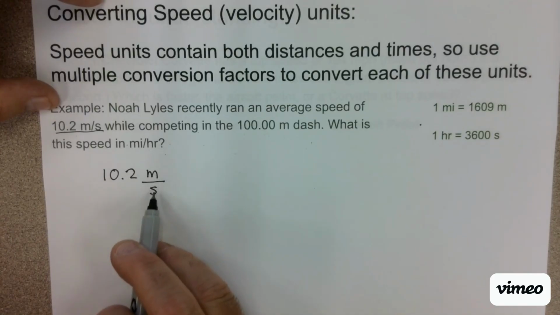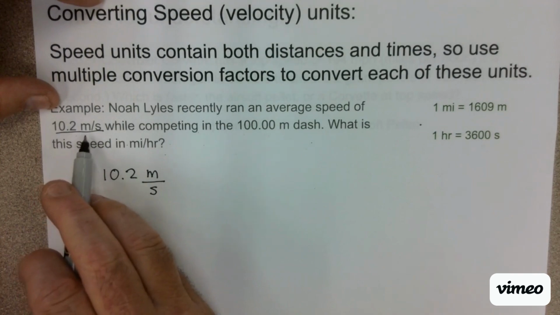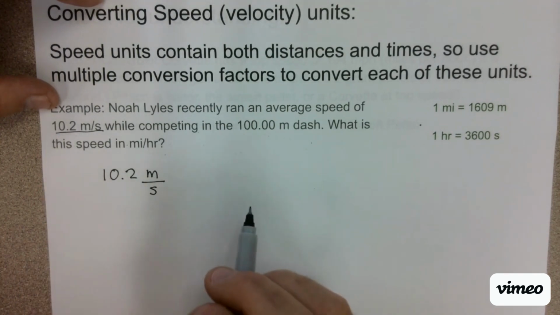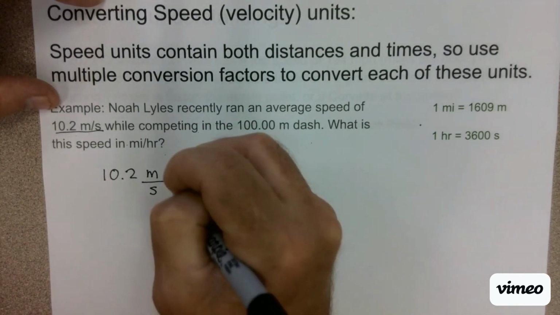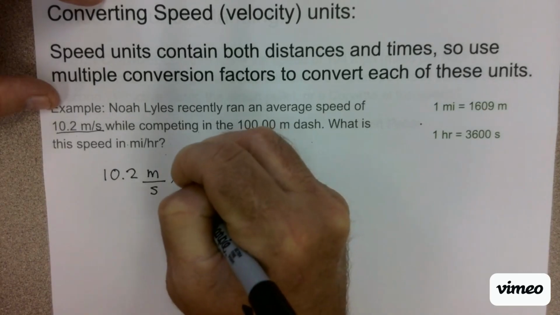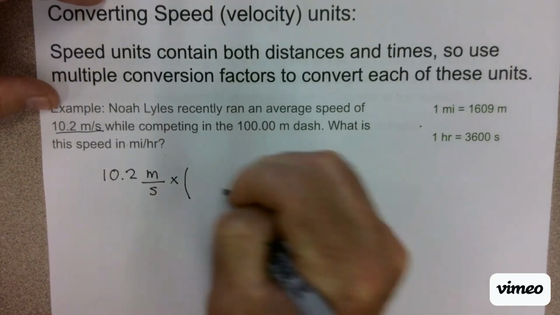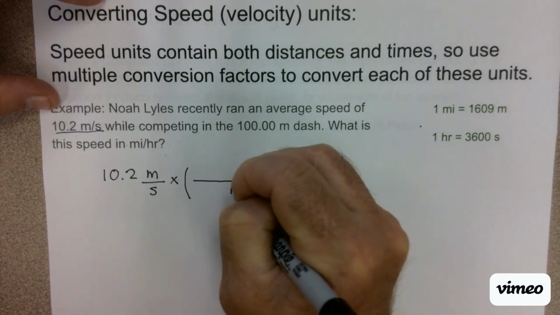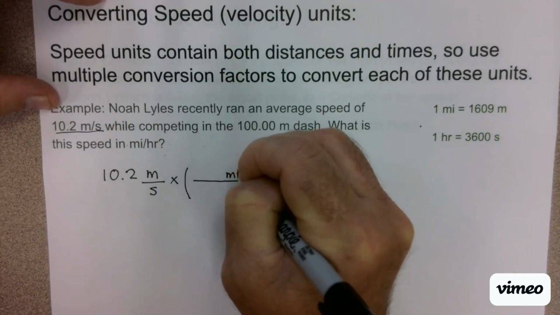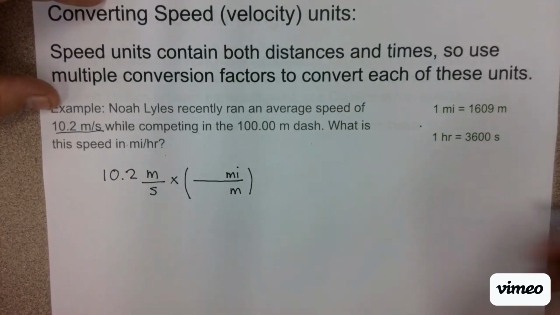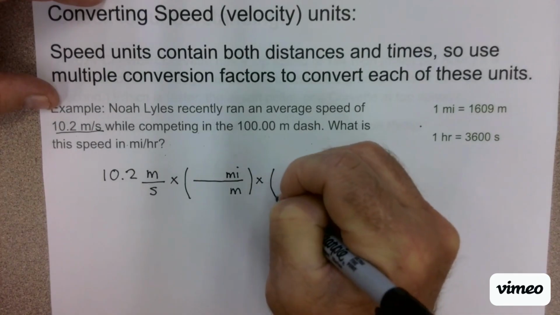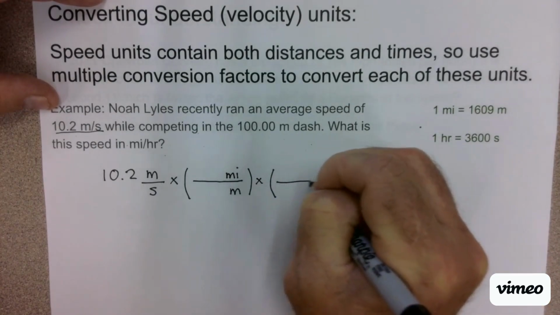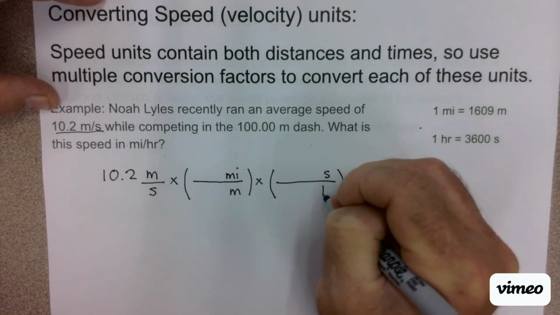I'm really writing the unit of the speed as a direct fraction, which is easier to type, okay? And I'm going to multiply by 2 conversion factors. I'm going to multiply by 1 conversion factor that will change the meters to miles, and another conversion factor that will change the seconds to hours.